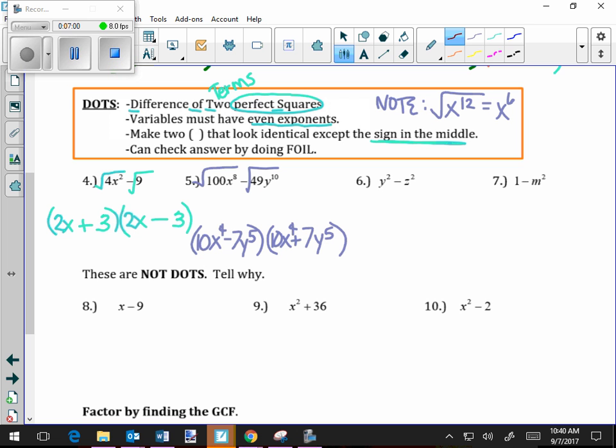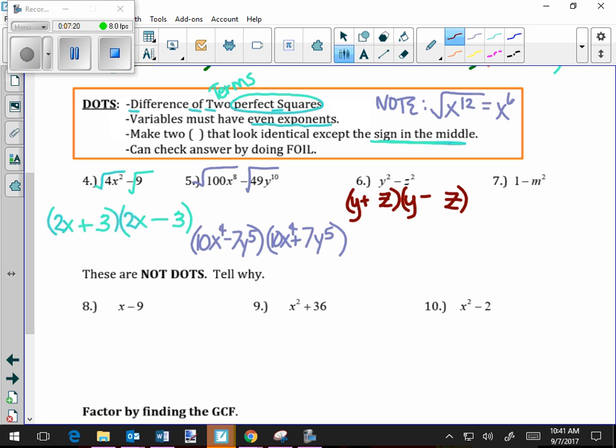For question 6, they don't have any numbers in here, it's just variables, and they're both exponents of 2, so that makes this a very easy question. I'm going to do y and y, the square root of y squared is y, the square root of z squared is z, and one is a plus and one is a minus.